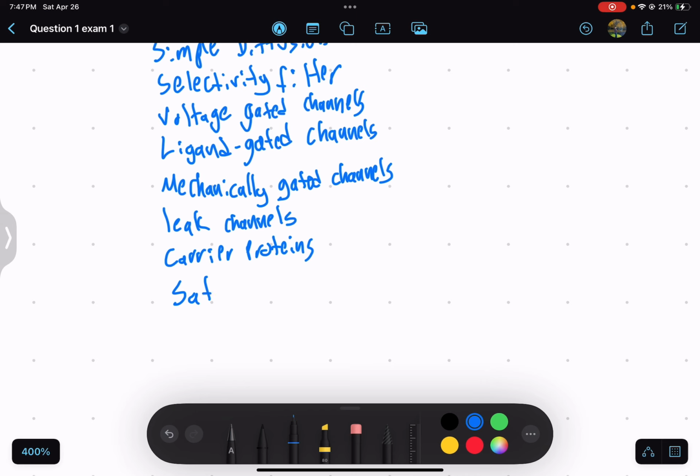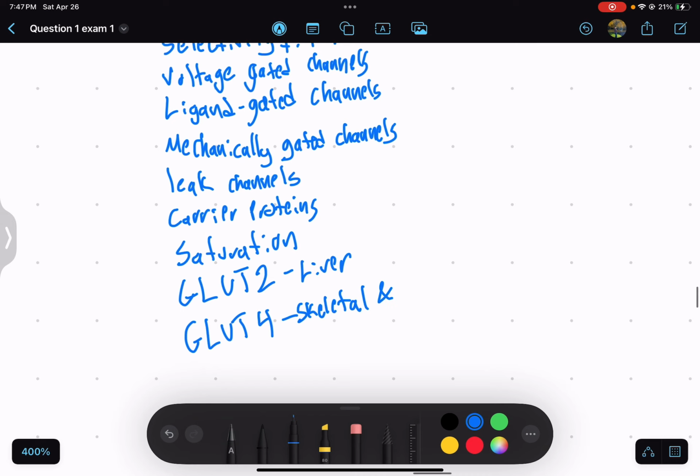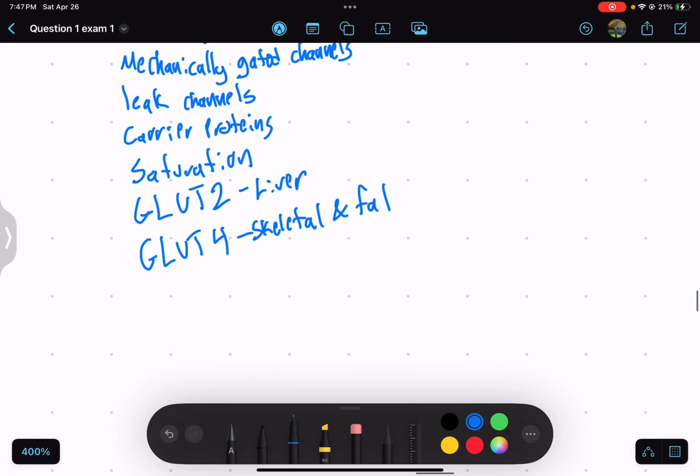We're going to talk about saturation, GLUT2 transporters, which are in the liver, GLUT4 transporters, which are in the skeletal muscle and fat, sodium potassium ATPase, also known as sodium potassium pumps, symport, and antiport.